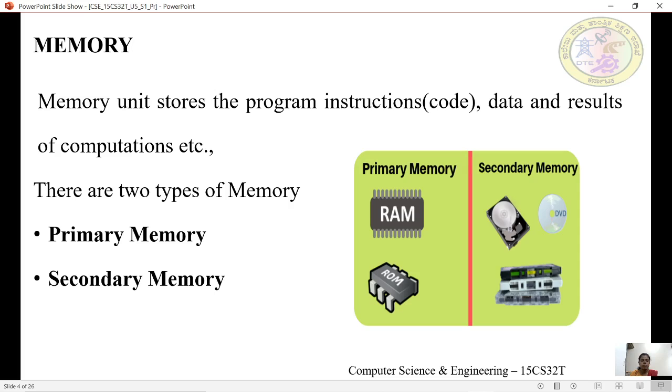This memory is used to store large amounts of data. We can see examples of secondary memory here: CD, DVD, hard disk, floppy, pen drive, etc. These are examples of secondary memory.